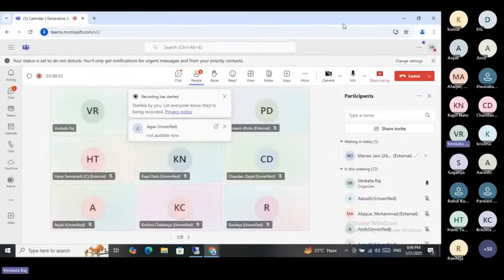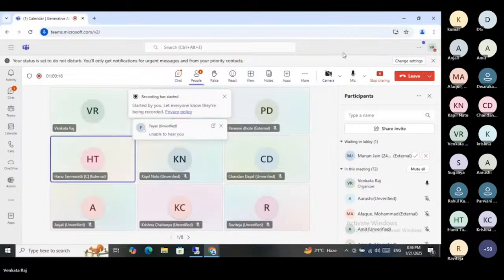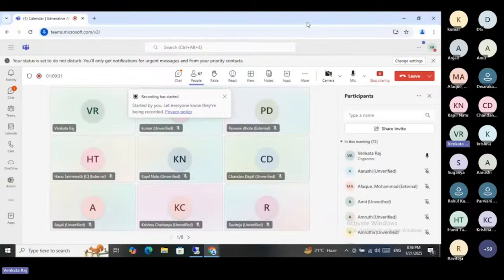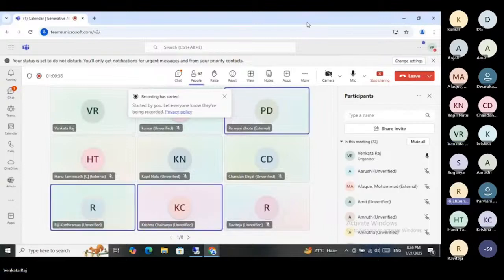Someone muted me, not sure who. Guys, please do not press mute all. I think someone clicked on mute all. Guys, let's be a bit disciplined in this session. Someone muted me, I believe. So till what point could you hear me, guys? Can anyone confirm? Deep fake. Okay, you were checking on who all know deep fake.